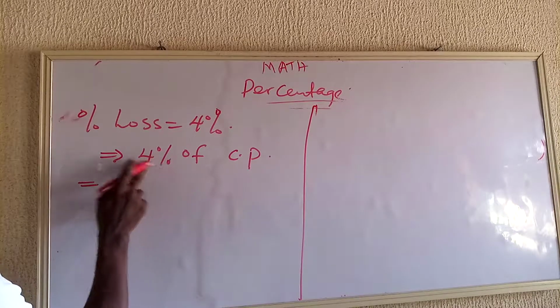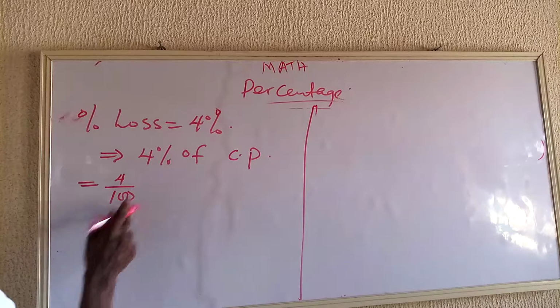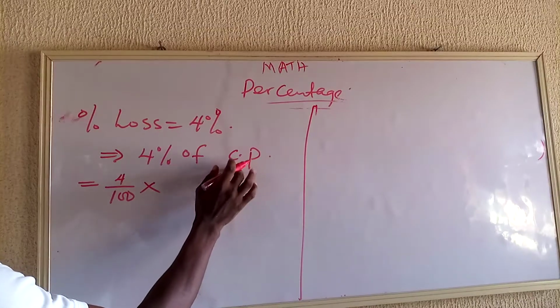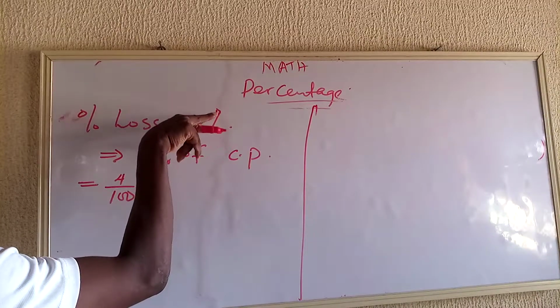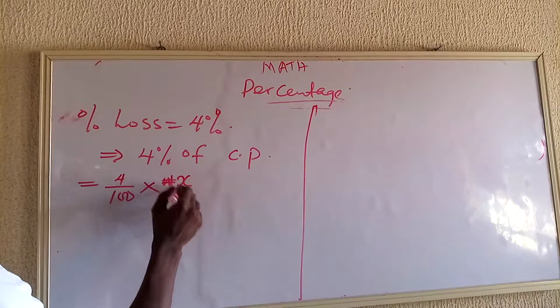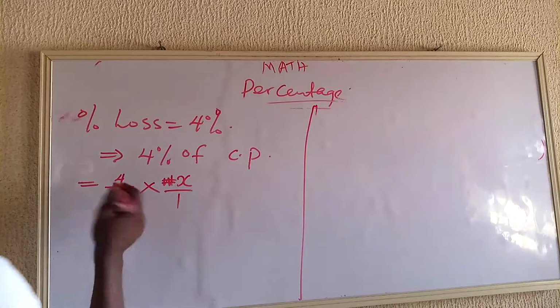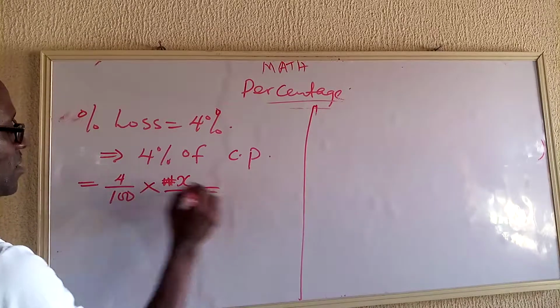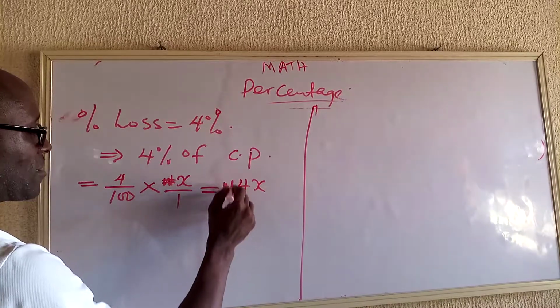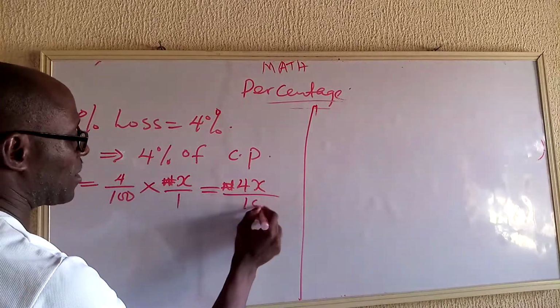4/100. 4% is written as 4/100. Of, according to BODMAS, means multiplication. And your cost price, according to the variable used, is X naira over 1. So if you do this, that will give you 4x naira over 100.